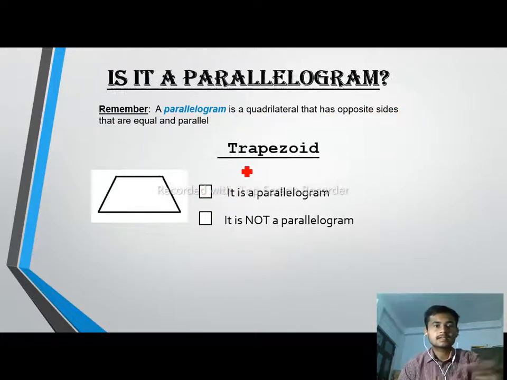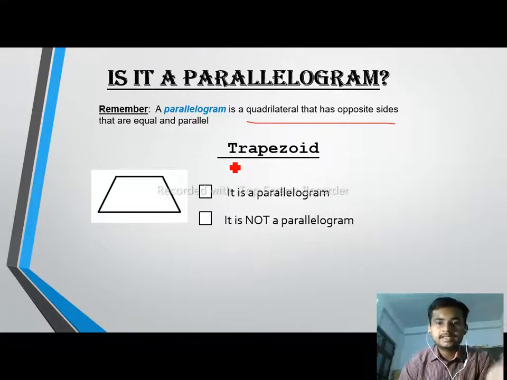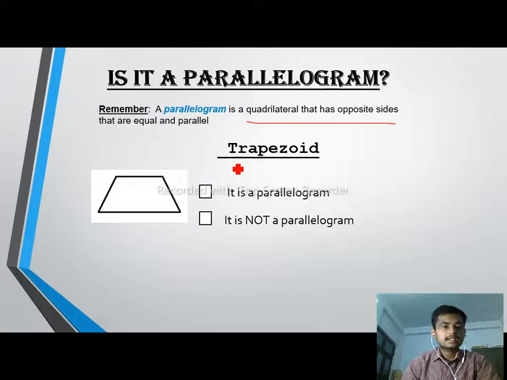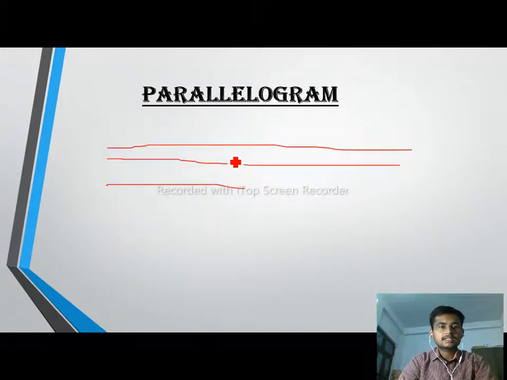Now let's see, is a trapezoid a parallelogram? Remember the definition: a parallelogram is a quadrilateral whose opposite sides are equal and parallel. Now let's discuss the property of a trapezoid. I've already discussed it previously, but let's see one more time.